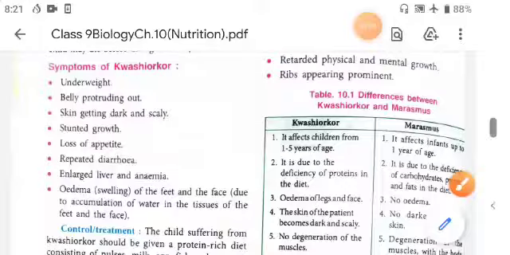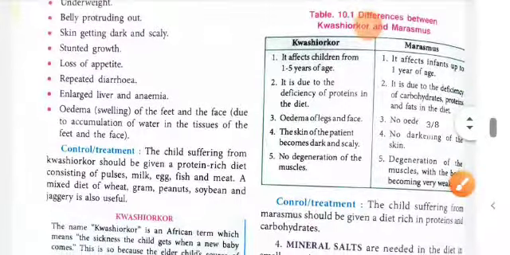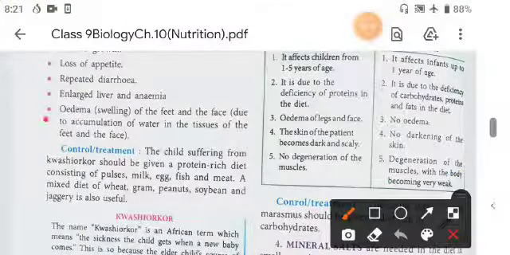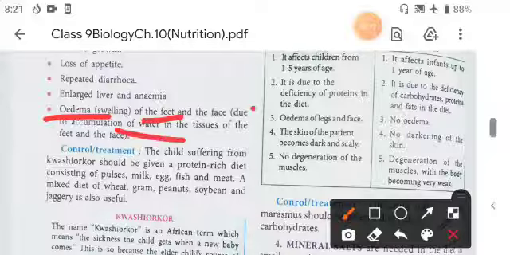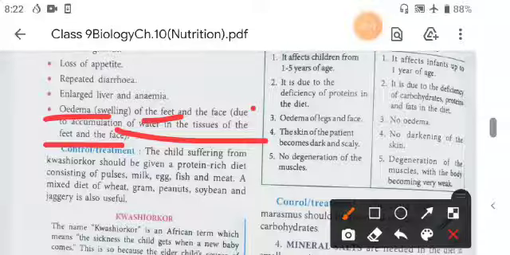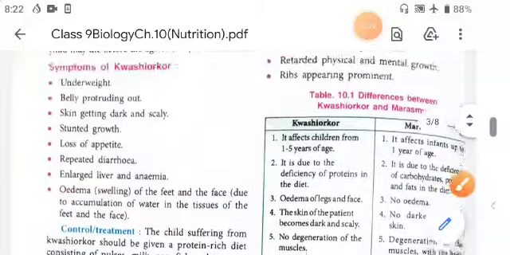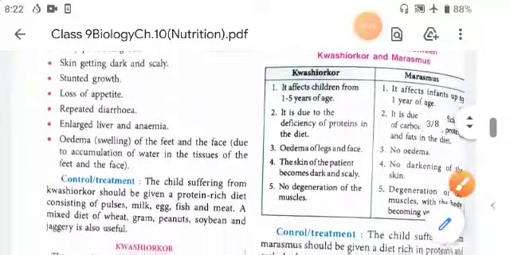Another symptom of Kwashiorkor is oedema, that means swelling of feet and face due to the accumulation of water in the tissue of the feet and face region. So these are the symptoms of Kwashiorkor.